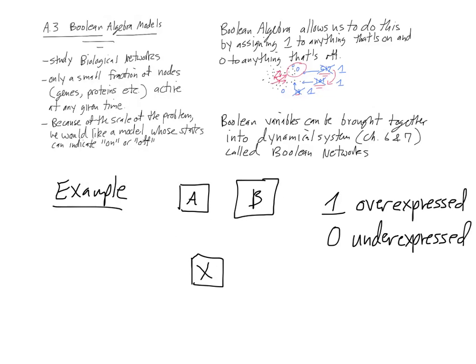Okay, and let's say that if A or B are overexpressed, then X will subsequently become overexpressed. And so the way that we write this is we use 3 operations.